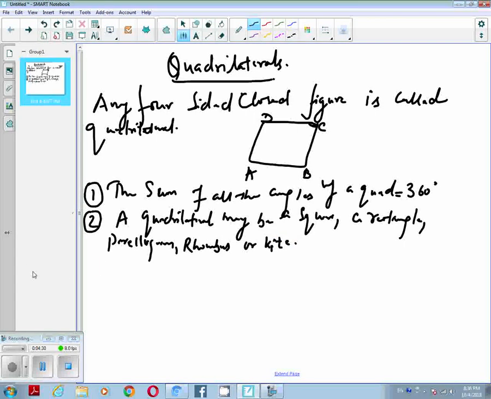Now one by one we'll see the properties of all the quadrilaterals. And first of all we'll take properties of a square.